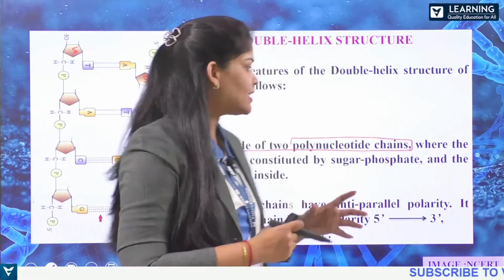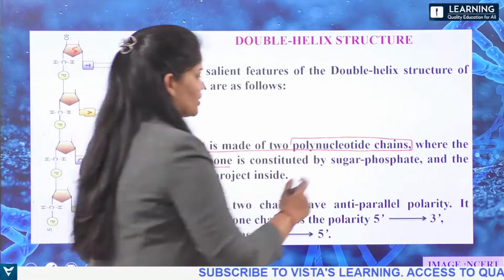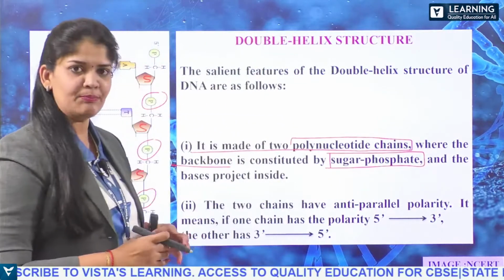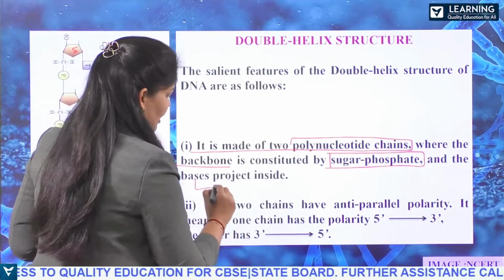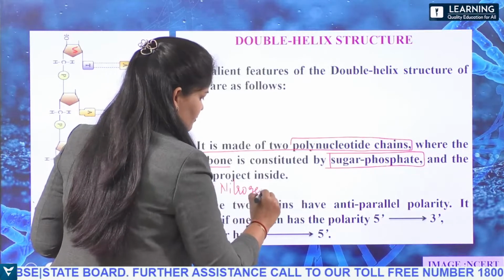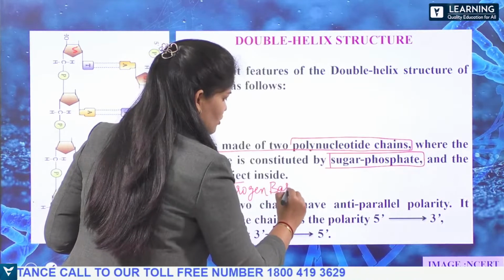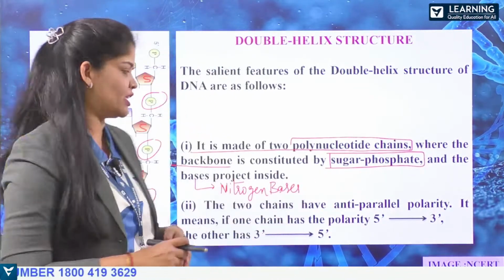So here, the backbone is constituted by sugar phosphate, as we have just seen in the image. And the bases are nitrogen bases, also called nitrogenous bases, which are of two types, purines and pyrimidines.